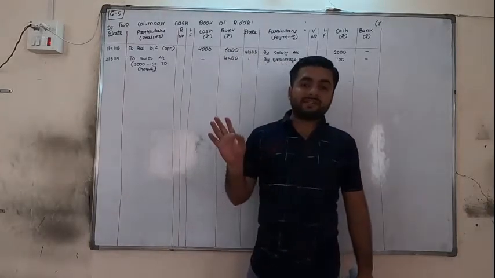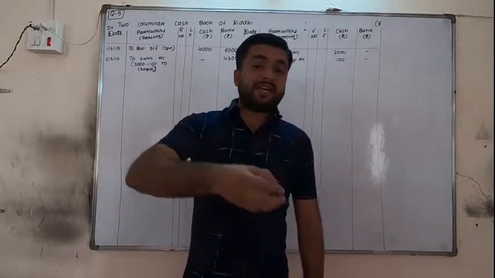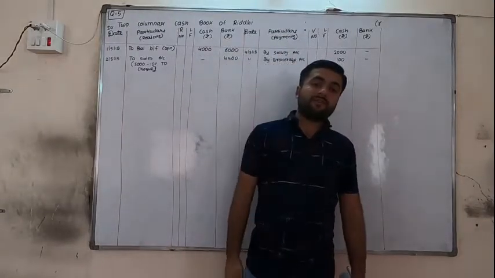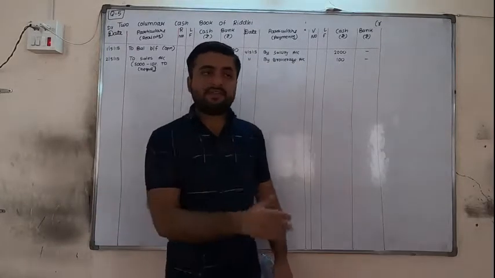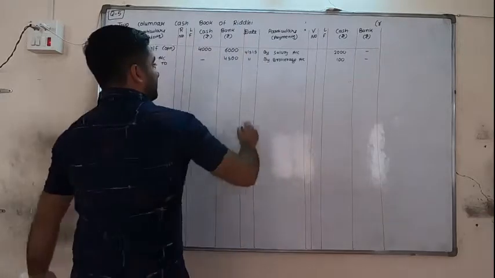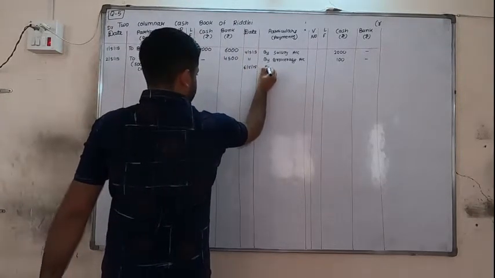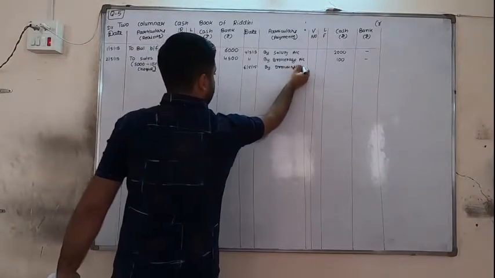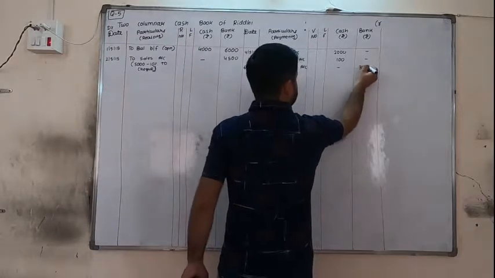Don't get confused: yesterday we discussed that contra transactions are only of two types, when cash is withdrawn for business or when cash is deposited for our business. Here we are withdrawing from the bank for personal use. Again, bank is the giver, so credit side, and we will write drawings. 6/5/15 By drawings account. We are withdrawing 3,000 from the bank.